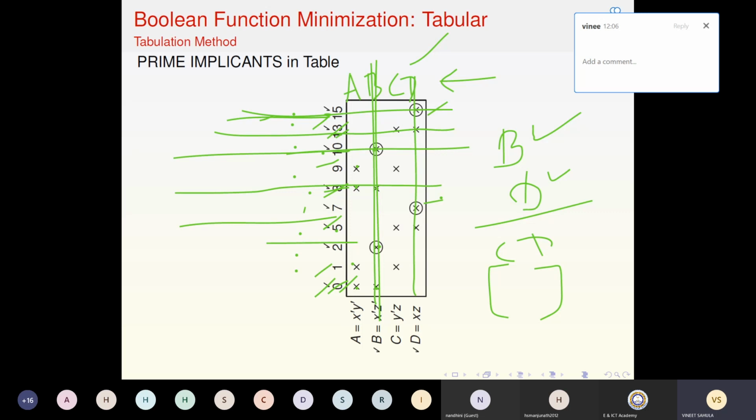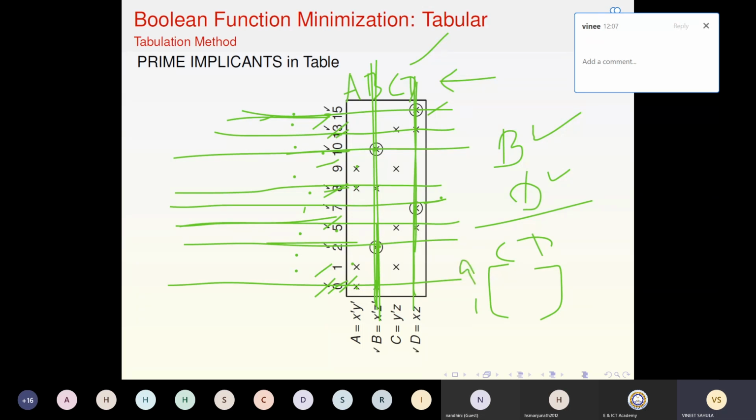And then I'm dropping the 7th row because D is covering it. I'm dropping the 5th row because D is covering it. I'm dropping the second number because it is covered. I'm dropping the 0, it is covered by B. So how many of the terms am I left with? 1 and 9.